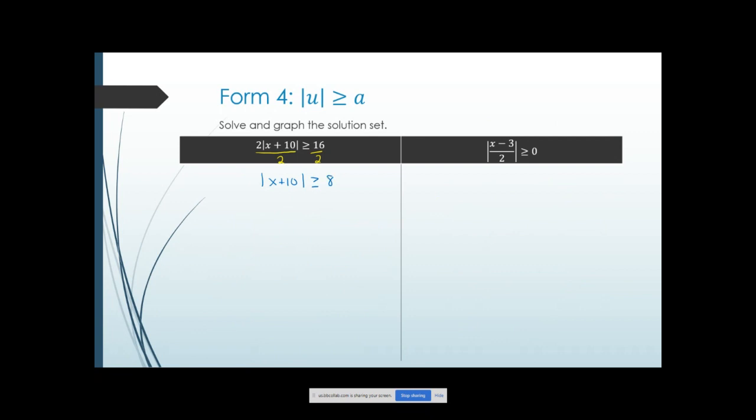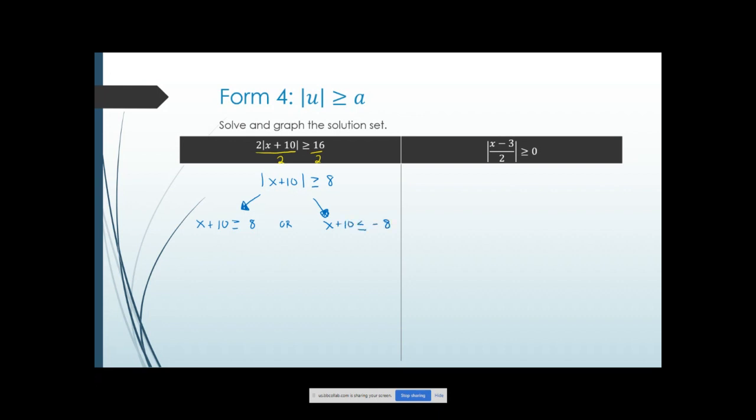Now I'm going to set up 2 separate inequalities: x plus 10 is greater than or equal to 8, or your second one, x plus 10 less than or equal to -8.